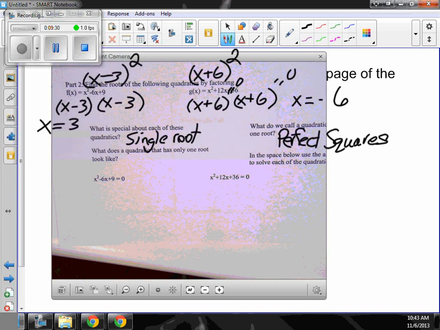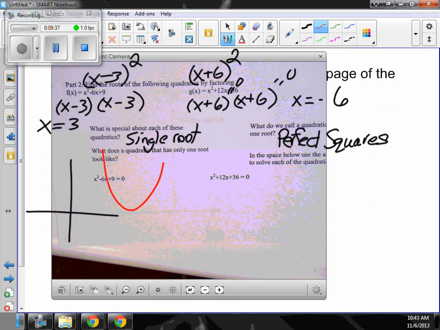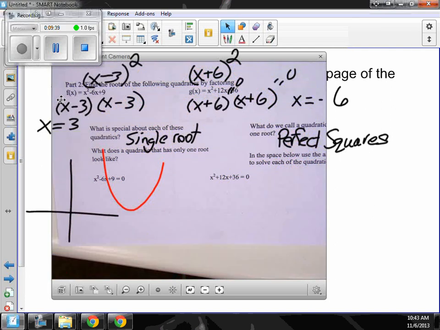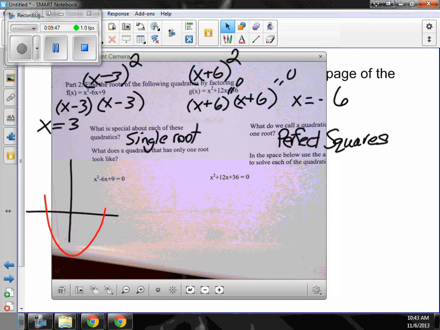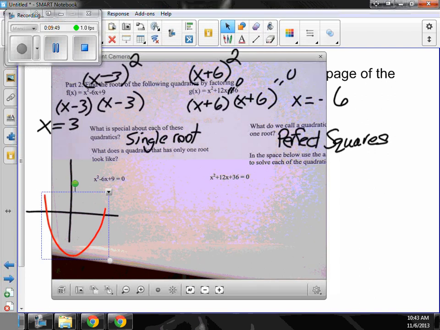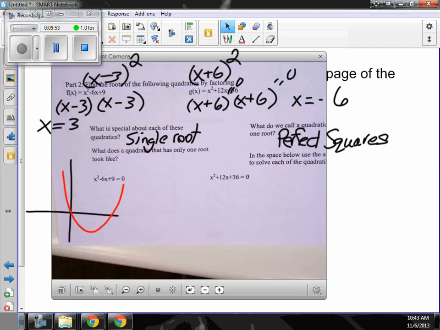Okay? So is it possible to have a parabola that only hits the x-axis once? What would that look like? How can you make that so it only hits once? Right, so this has two answers, and notice those answers are getting closer and closer together.